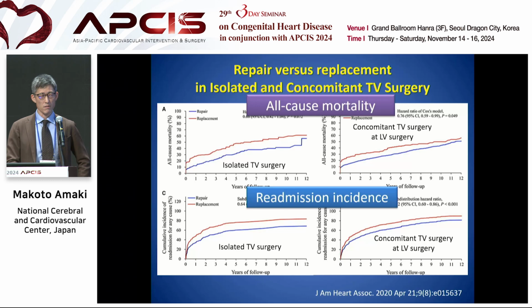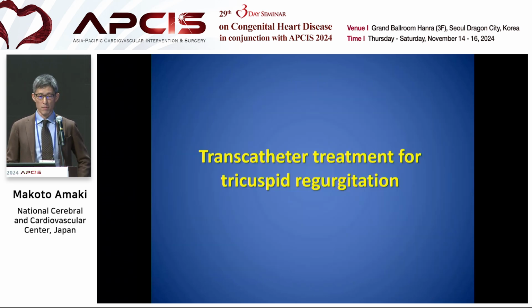But is this true? A lot of patients have RV dilatation, and those patients tend to go to replacement. So there might be misleading patient selection. We have to be very careful about which to choose.